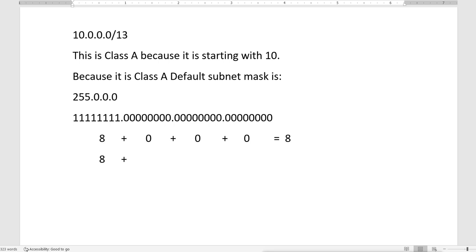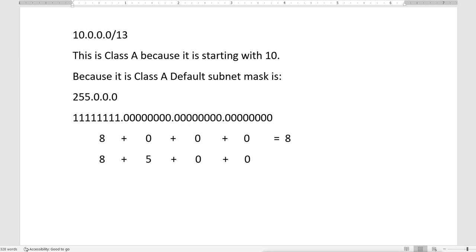Now remember, when you have extra bits, you get them from left to right. So we get them from here. We have 5 bits enabled here, and the rest of the bits will be 0. The total bits we get is 13.